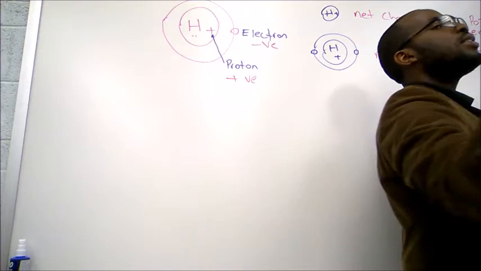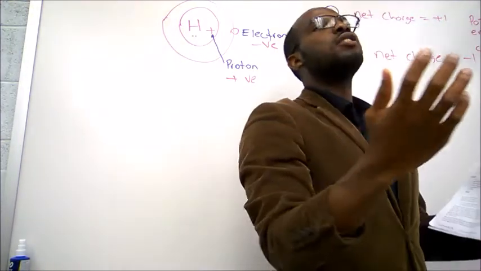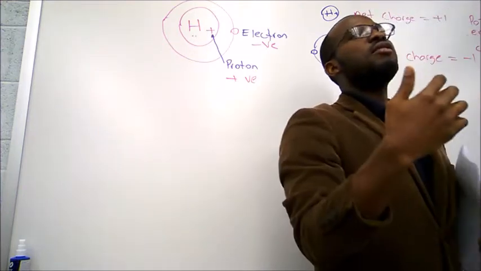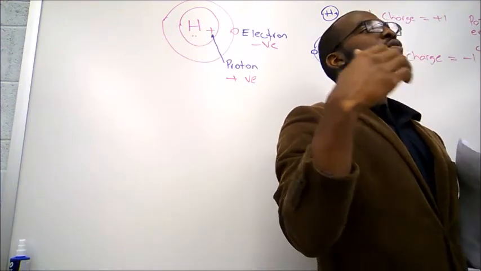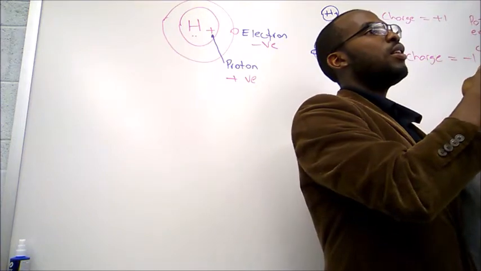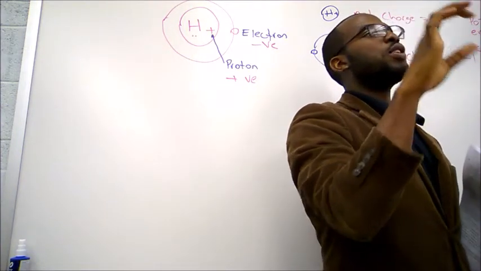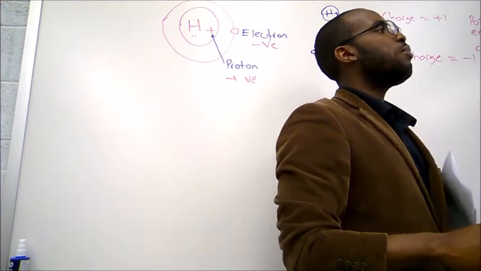So current is the measure of how much charge flows in 1 second. So just imagine that we have a valve here, and we are measuring the flow of charge. Think of water. If we have water flowing through a pipe, we are measuring how much water flows in 1 second. In fact, this is how we get our flow rate for water.